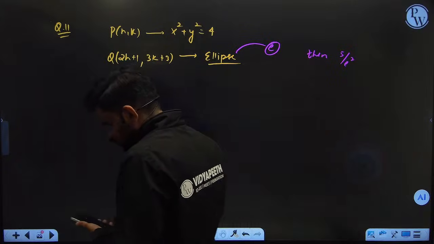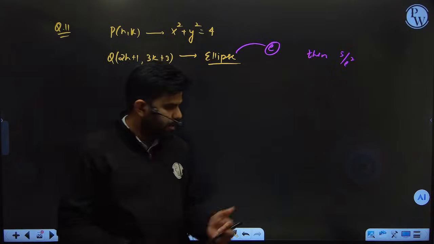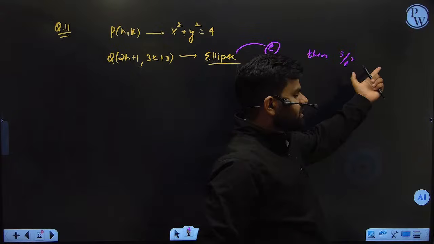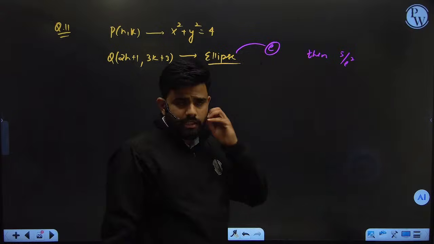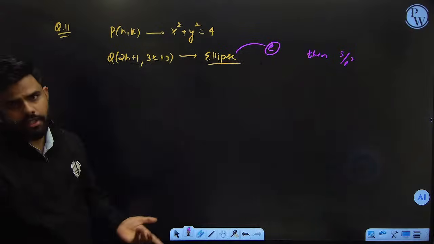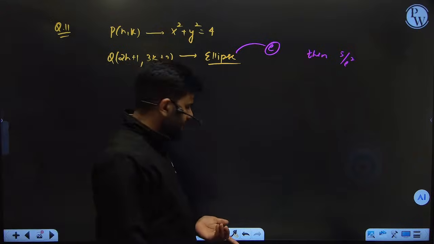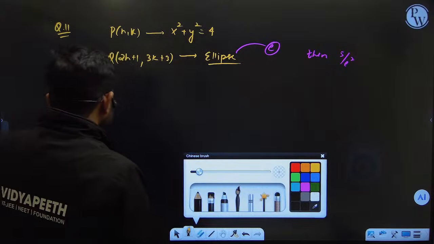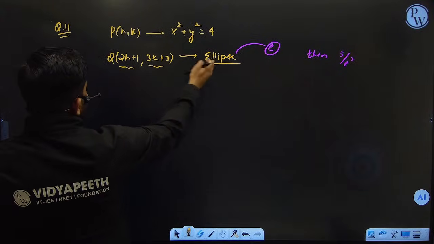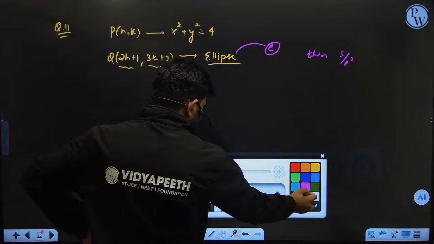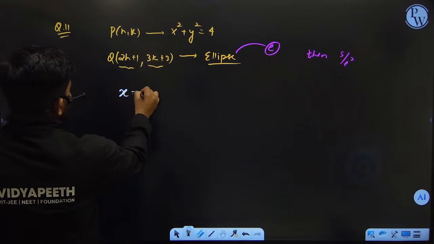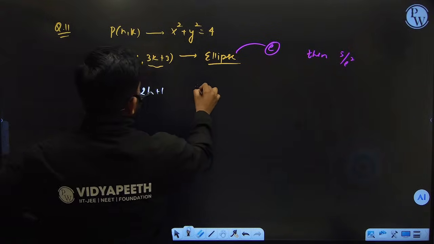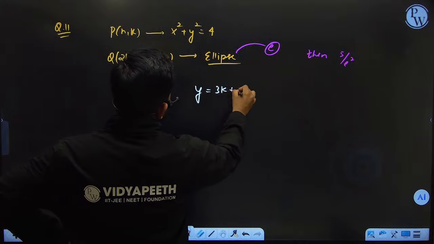Ultimately, if we need to find phi by e square, we need to find the eccentricity of the ellipse. And to get the eccentricity, we need the equation or the values of a and b, right? So we'll try to find the equation. If this point is on the ellipse, it means x equals 2h + 1 and y equals 3k + 3.